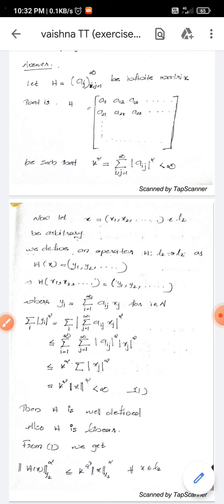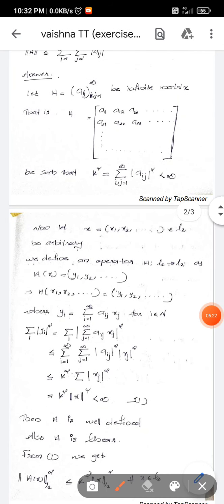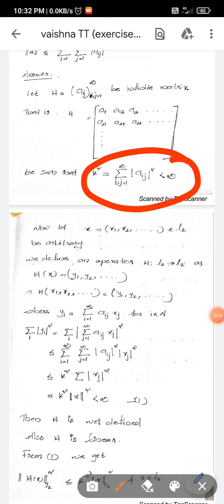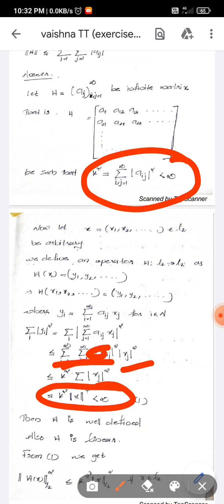Then we know that the value of K squared is the sum over i, j equal to 1 to infinity of the absolute value of Aij squared. So this term is K squared, which means the expression is less than or equal to K squared times the sum of modulus xj squared, which is equal to K squared norm x squared, which is less than infinity. This is a finite sum. This is equation number 1.